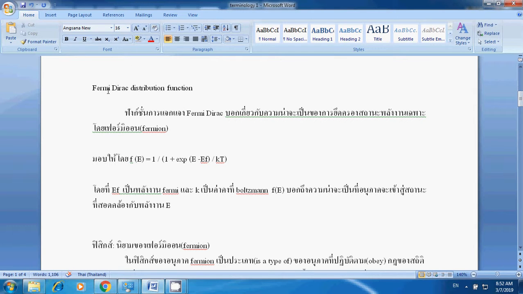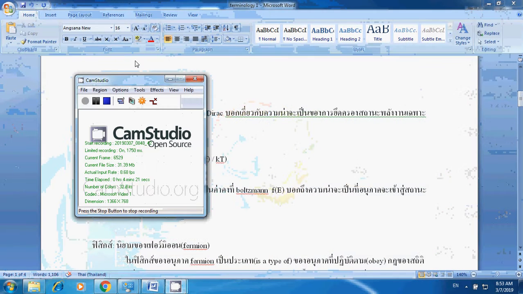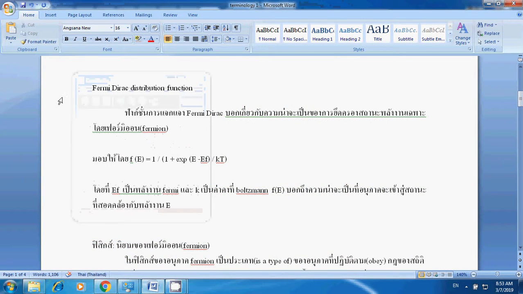The next one is the Fermi-Dirac distribution function. You probably get used to this, especially in electronic engineering. The Fermi-Dirac distribution tells about the possibility of a certain state being occupied by a fermion.